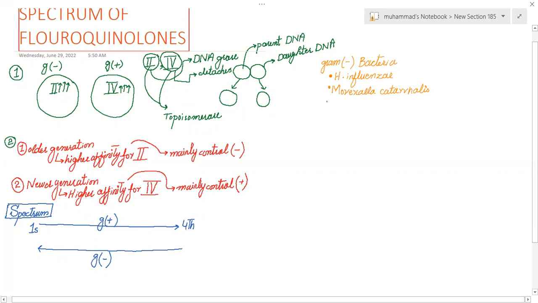The third one is Neisseria. Both species of Neisseria, that are Neisseria gonorrhoeae and Neisseria meningitidis. The fourth bacteria is E. coli.